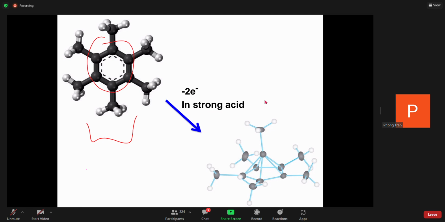But then they tried to isolate the single crystal, and they came out with this real structure. So basically, it's not a distortion. You see that it goes from C6 to become a C5 here. Okay, and one carbon moved from this position to the top of the pentagon.